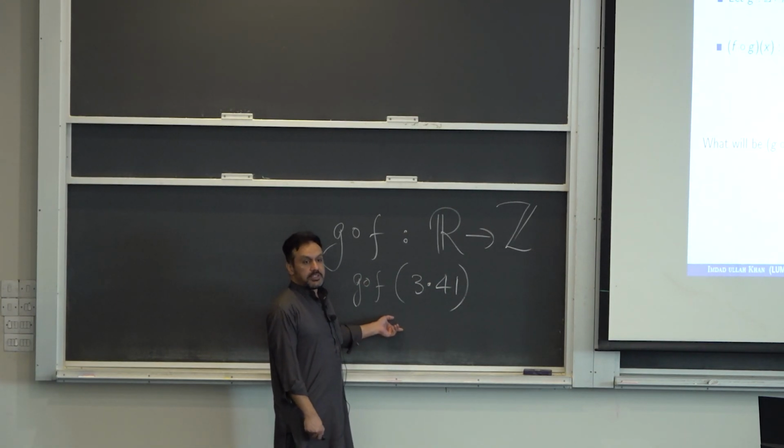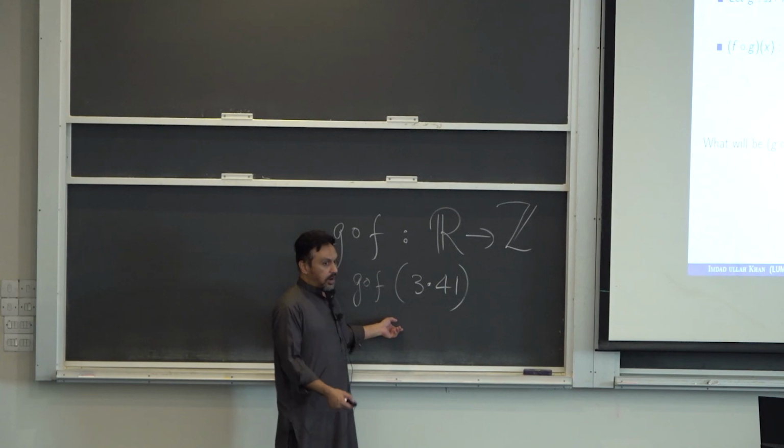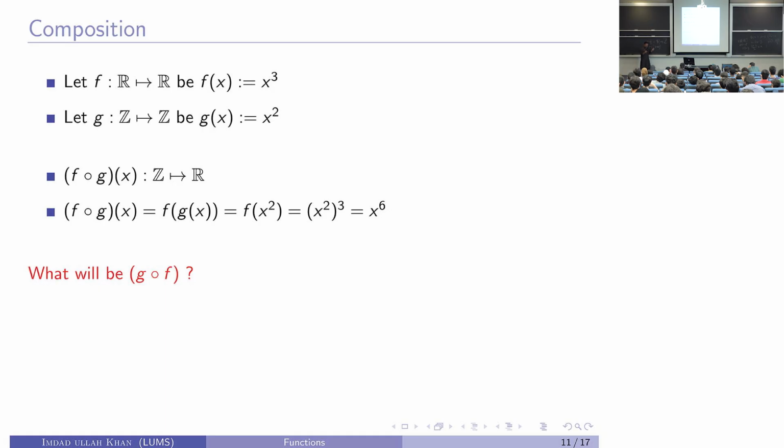What will be the output? 31.4 squared is not going to be the output. G only works on integers. So, this is the case where we need this restriction to be done there. So the range of the inner function, that is what we said earlier, must be a subset of the domain of the outer function.